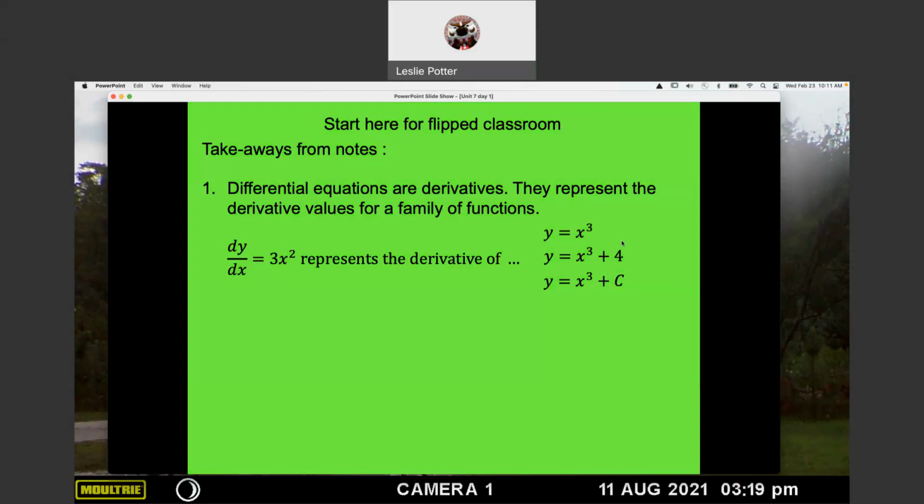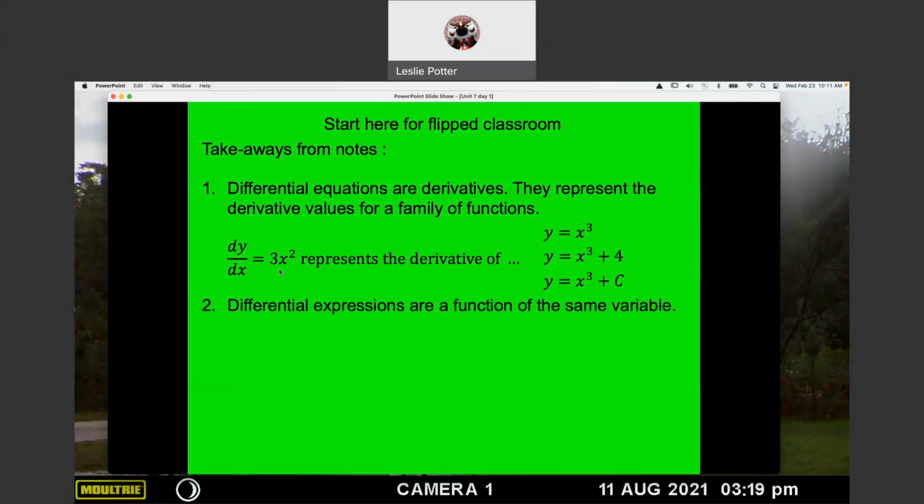This is what we refer to as a family of functions: a family of cubic functions that all differentiate back to this differential equation, because that differential equation describes slope values everywhere along any of those functions. Does that make sense?